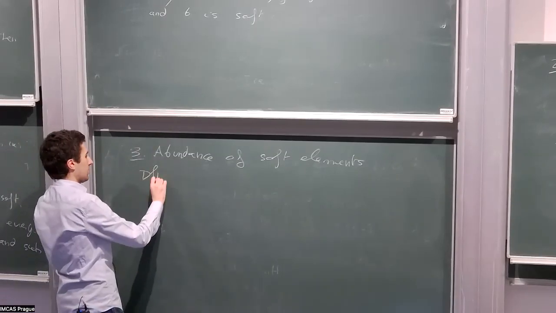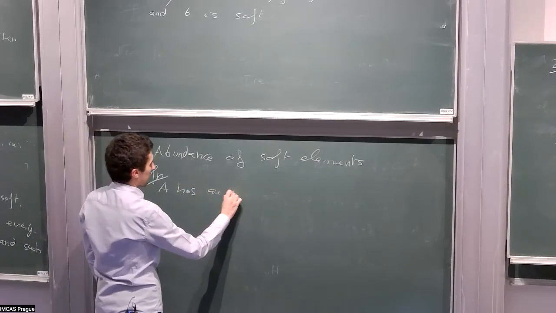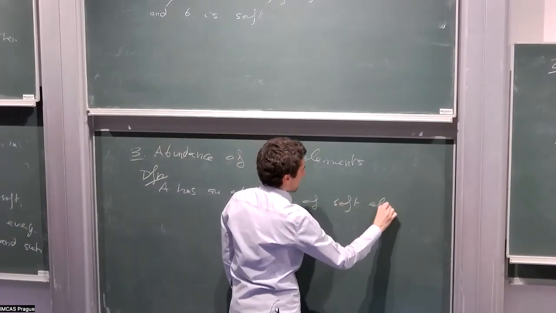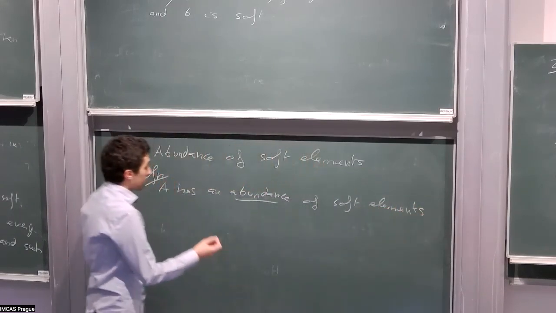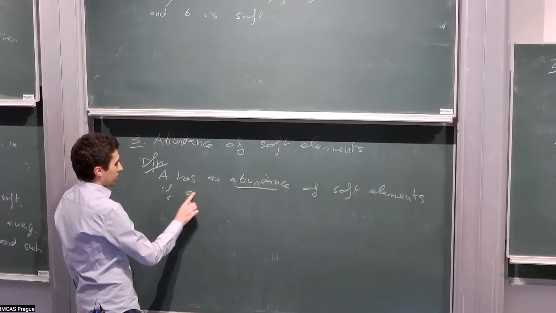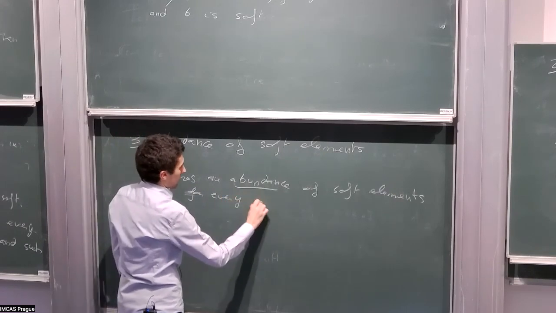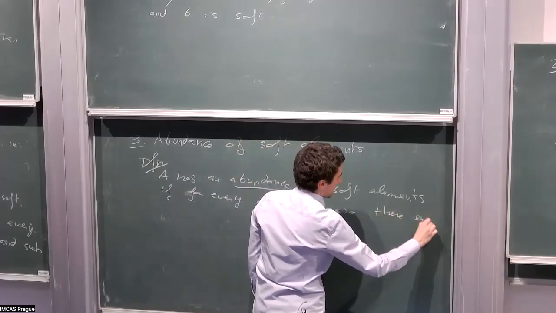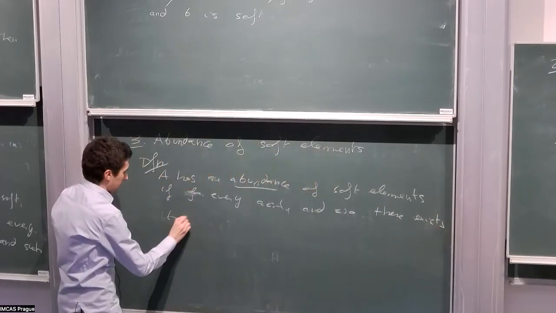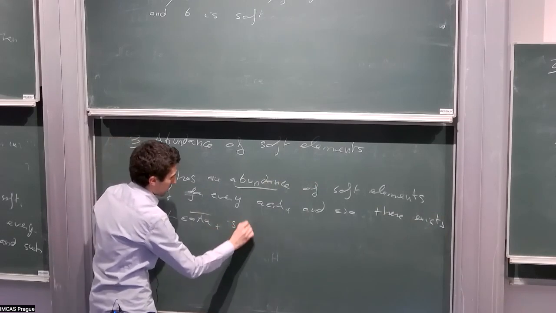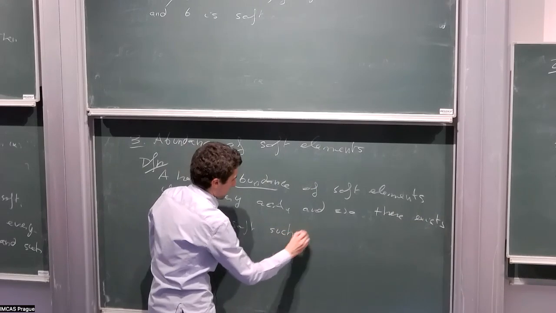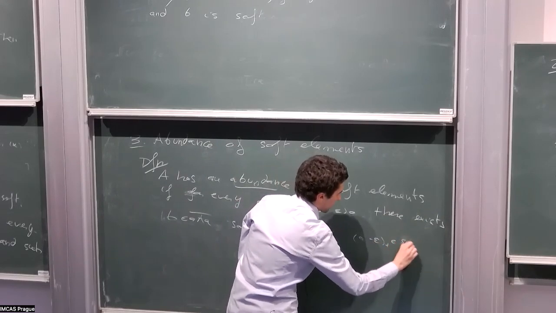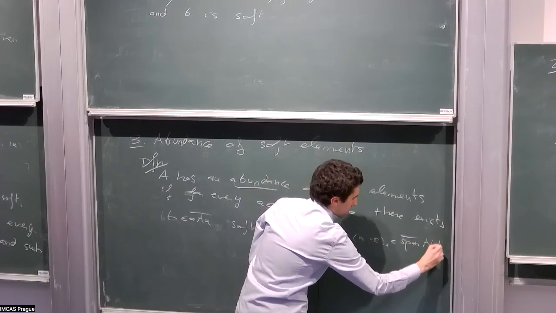So the definition is that A has an abundance of soft elements if, and this has appeared before, for every a and epsilon, you can find a soft element b in the hereditary subalgebra of A, such that a minus epsilon is in the linear span of b.